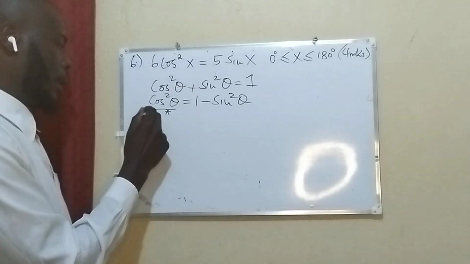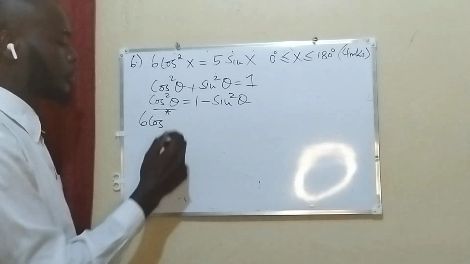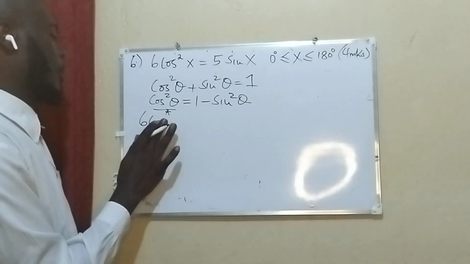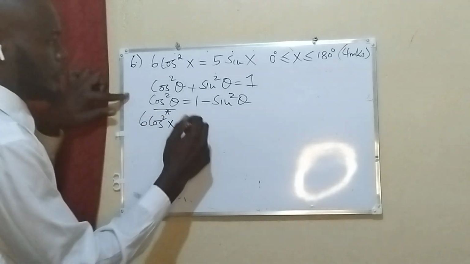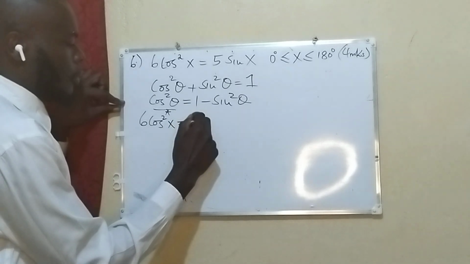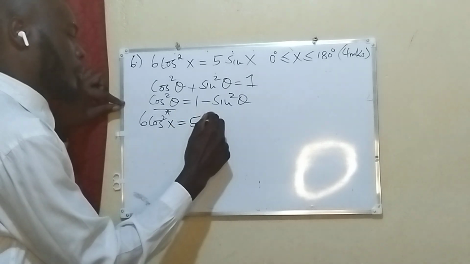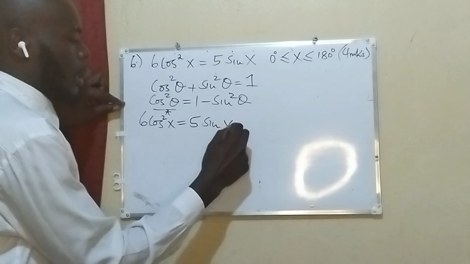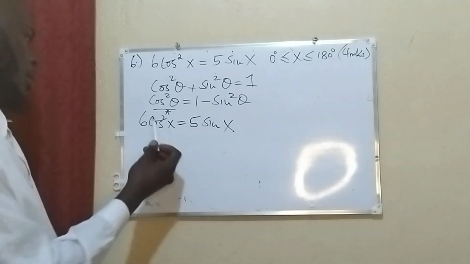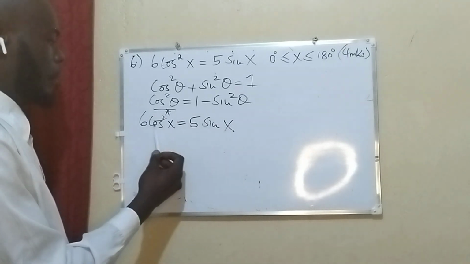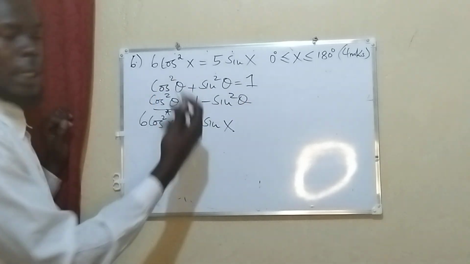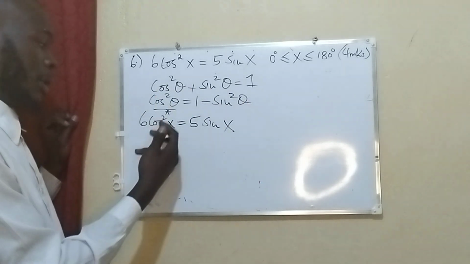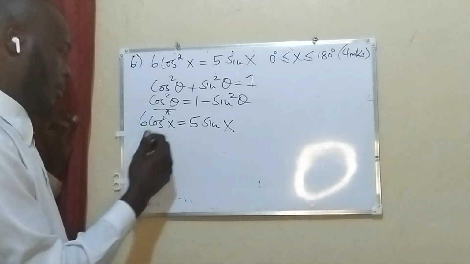So it will be the same as 6 cos squared x is equal to 5 sine x. But now you can decide either to substitute sine x or to substitute cos x.